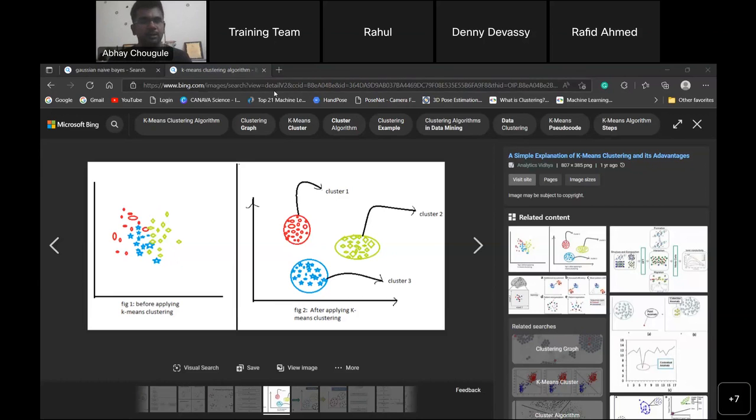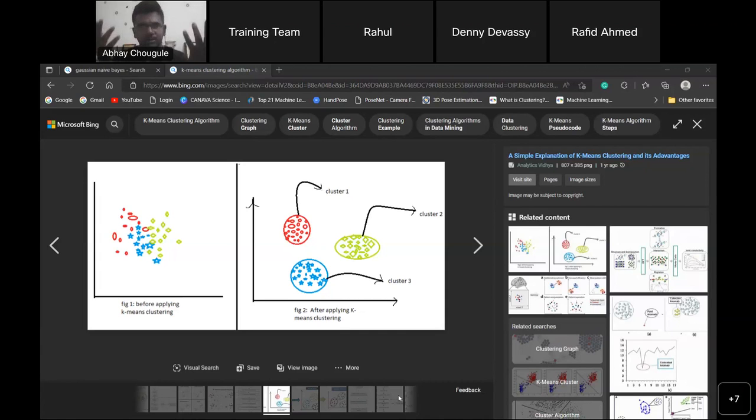Wait, I will create one example in front of you, because this is the only thing that might be confusing for people. So what will those clusters do? Only predictions. You are creating a prediction column.